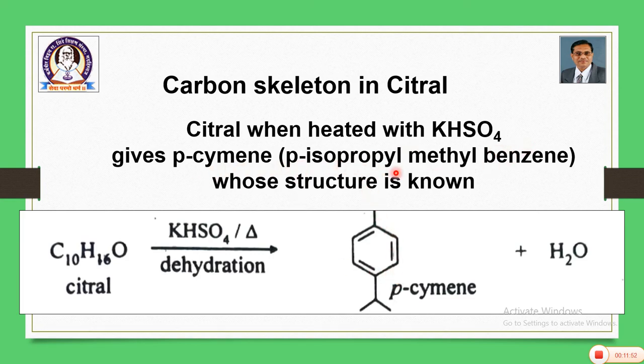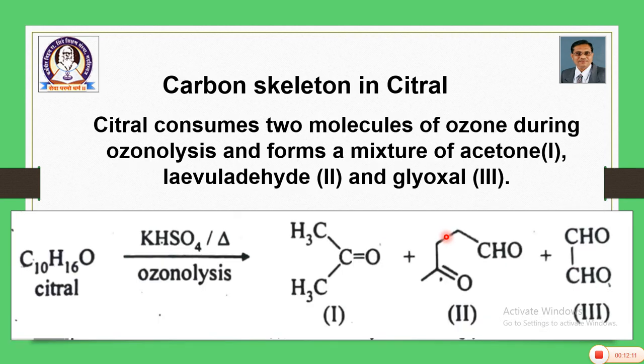Paracymene is para isopropyl methyl benzene. This is the isopropyl group and this is the methyl group. So, with citral by using KHSO4, by dehydration we get paracymene, indicating possibility of a paracymene-like structure in the structure of citral.